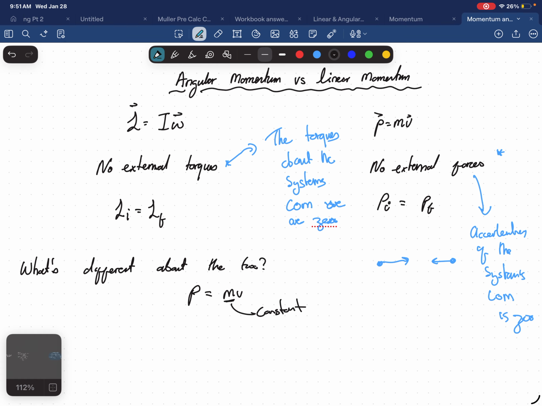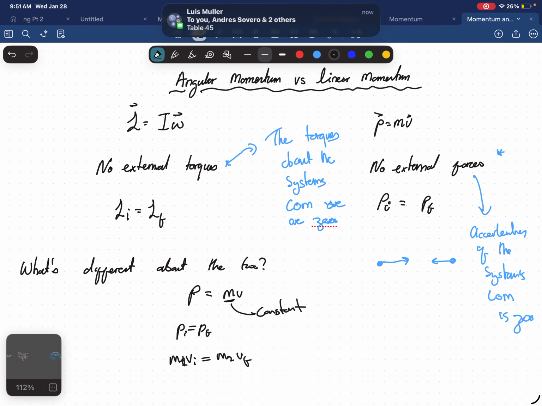So in our conservation of momentum theorem, P final equals P initial, with m as a constant, and let's imagine it's one particle. Our mass will not change at all. It's something inherent about the system.